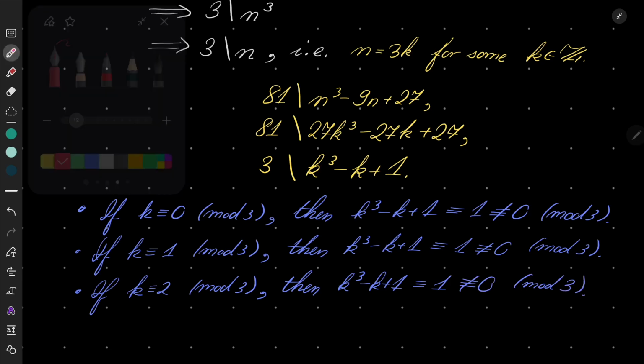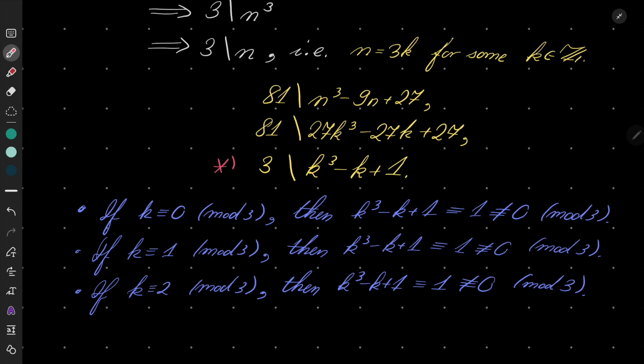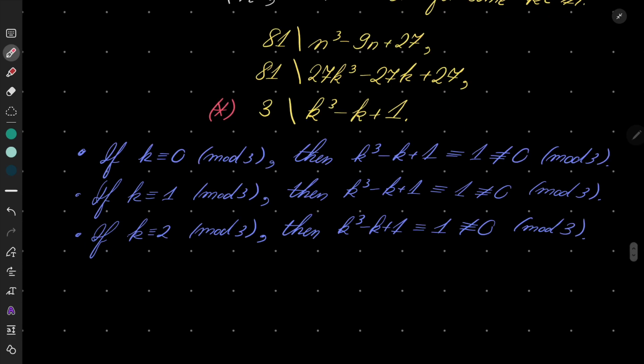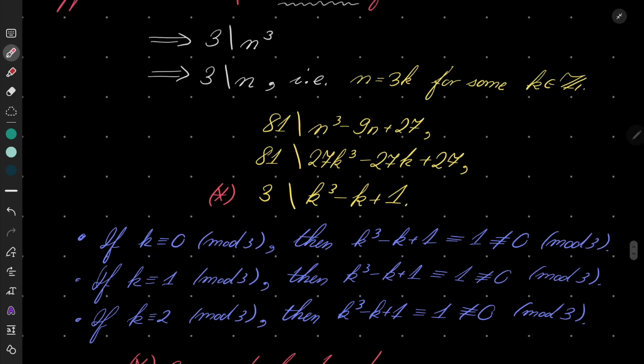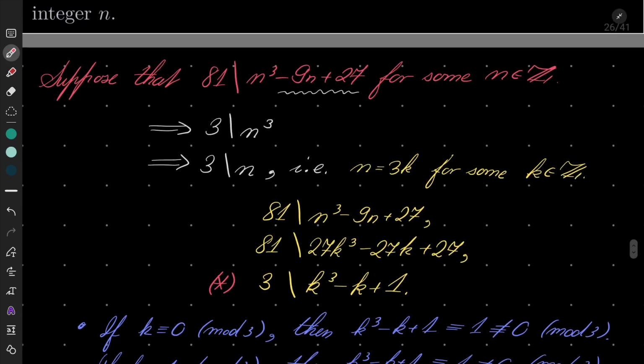This, which I mark asterisk, cannot be true. It cannot be true. It's a contradiction. Which means that our initial supposition was erroneous. It was false.